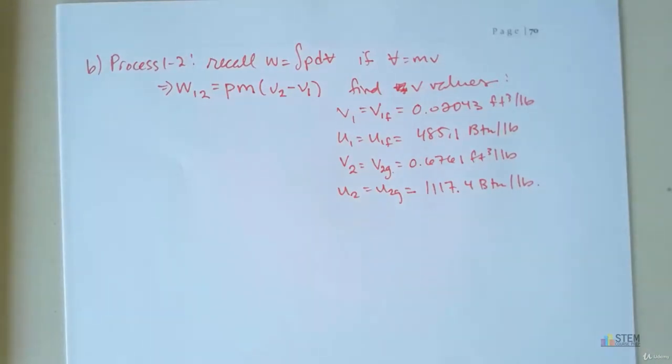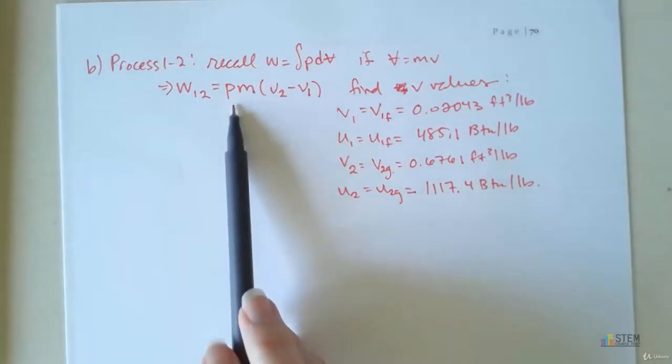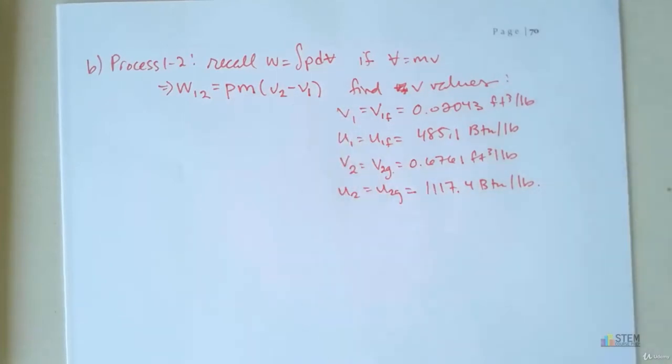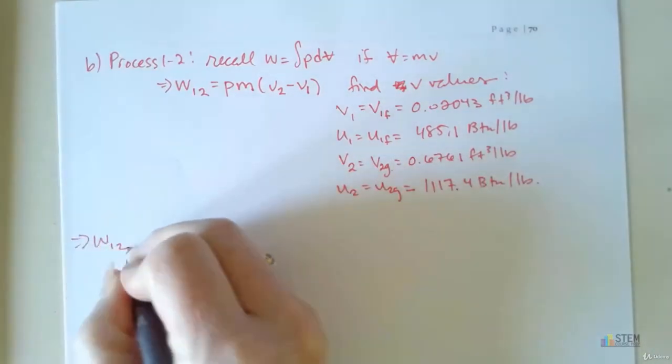Now we've got all of that. That's enough to plug in everything and get our work. We have our pressure, we have our mass, now we have these two specific volumes. So we are good to go with all of that. Let's plug everything in.